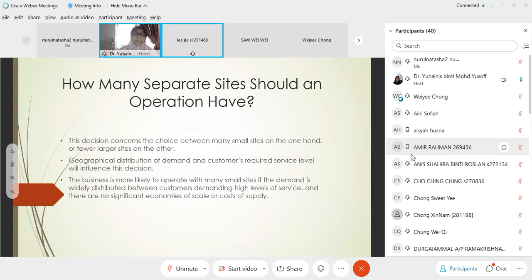Other factors? Penang people like to go for furniture shopping mall. Oh, Kedah people also like shopping, right? This one need to do survey. I'm not sure. Other members, group members, can you help? Can you help GC?